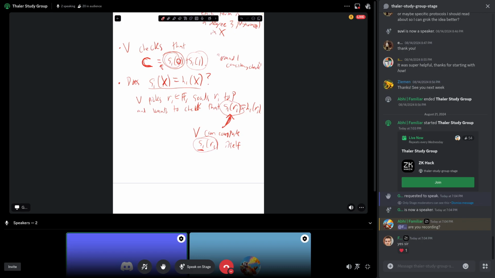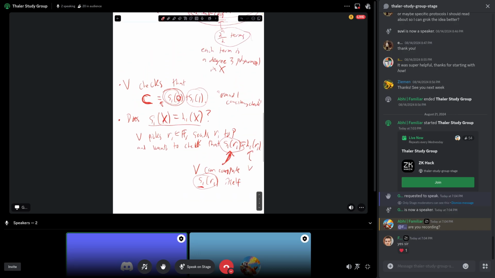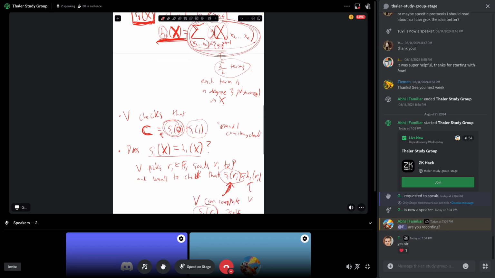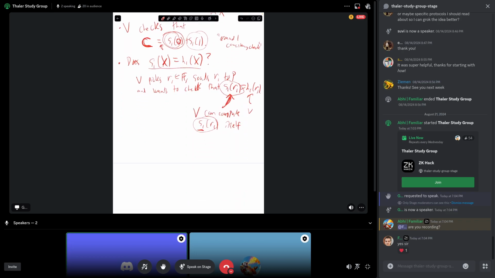The problem is the verifier has no idea what H1 is. H1 is defined via this expression, which is almost as complicated as the original problem. It only cut one variable out. So the verifier cannot compute H1 of R1 on its own.